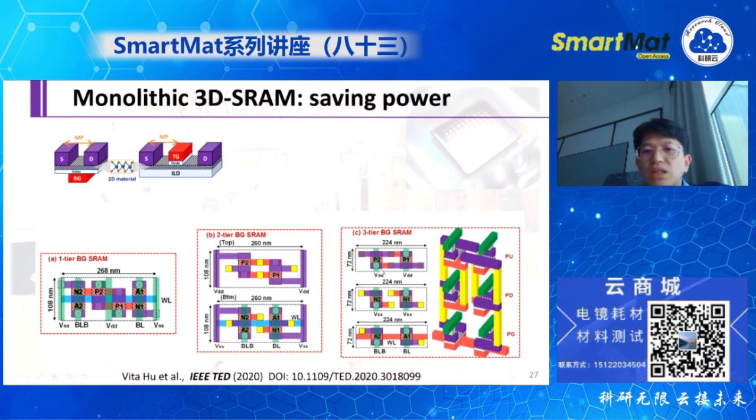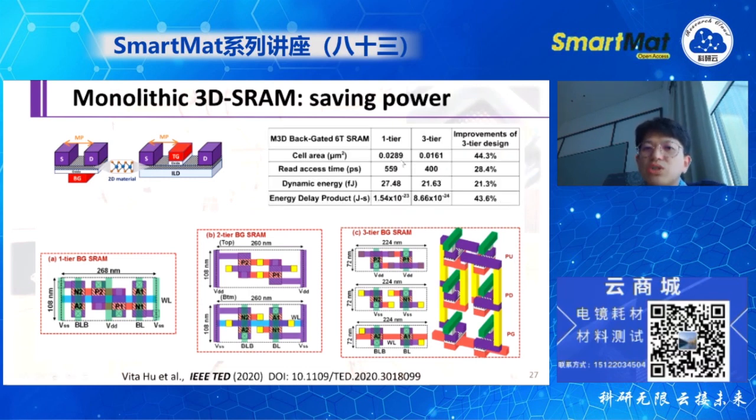And then when we come to the 3-tier structure, we separate the 6 transistors into 3 levels. Of course, we assume that 2D materials can be easily transferred to many layers and you can form transistors easily. That's the assumption. If we can do that, then we can form a very small region and also very neat routing, because you don't need to have the routing on the same plane. You can go through the other levels to have more efficient routing. By doing so, you can do the simulation.